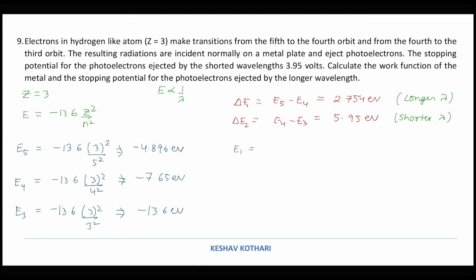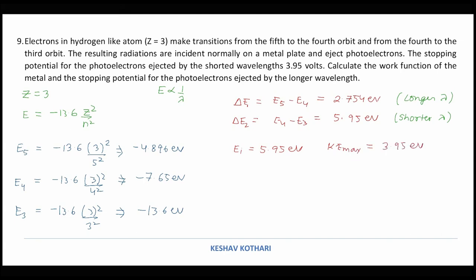So from here I can say that for the incident energy of 5.95 electron volt, the stopping potential was equal to 3.95 volt, or the maximum kinetic energy of the emitted photoelectron is equal to 3.95 electron volt.